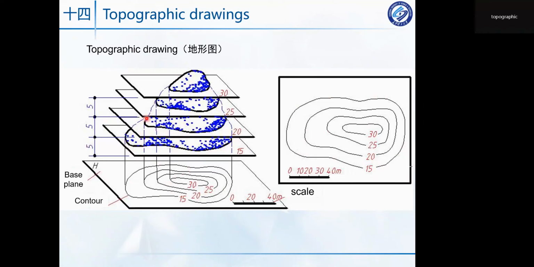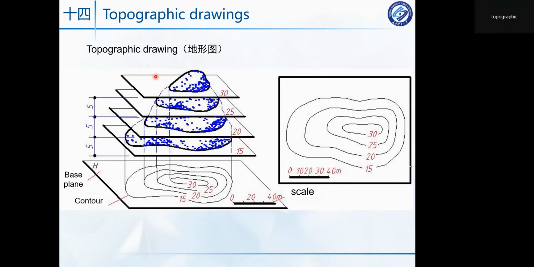And this line is equal to this line, and then this line is equal to this line. This one is the same. And you can see a feature of the topographic map is that the contours are closed circles, but not regular circles.